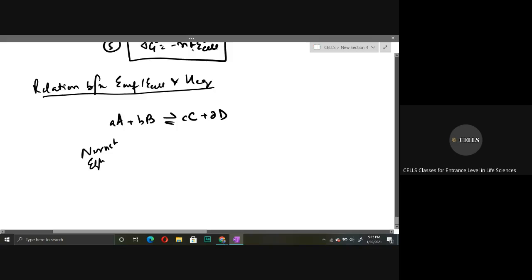From the Nernst equation we can write E cell equals E0 cell minus RT by nF ln product by substrate.